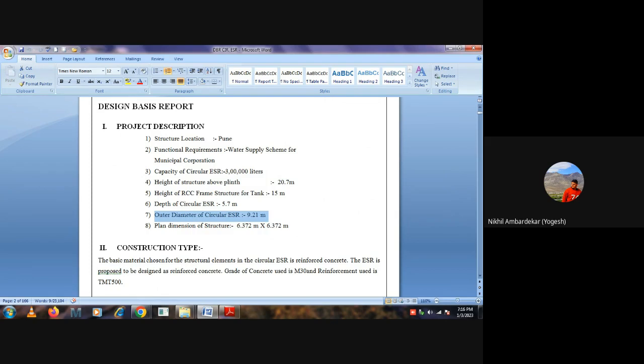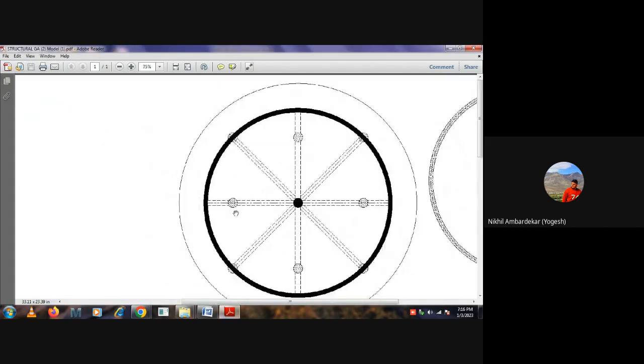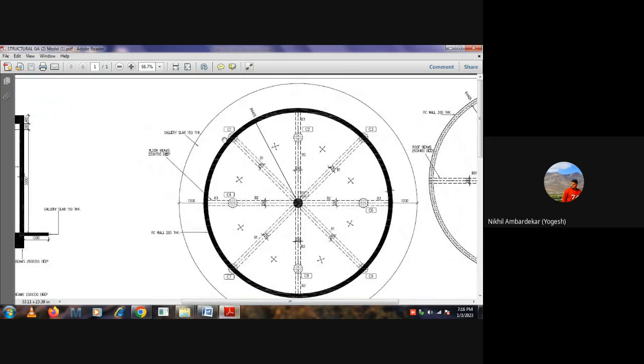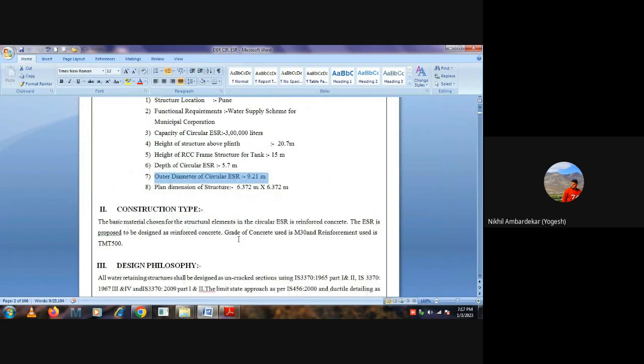So if I just check dimension from this column center to this column center, this column center to this column center, it happens like a square. Okay, so that is 6.372 by 6.372. Construction type, I will just quickly go through that because this is very simple. Some basic information is given, so maybe you can also understand this very easily.